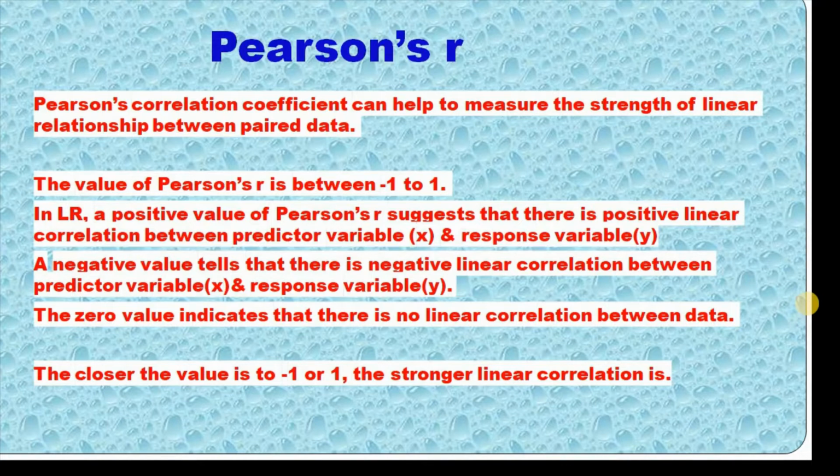On the other hand, a negative value suggests that there is negative linear correlation between predictor variable x and response variable y. Sometimes it can also be zero, which means that there is no linear correlation between data. However, it should be remembered that the closer the value is to -1 or +1, the stronger the linear correlation is.